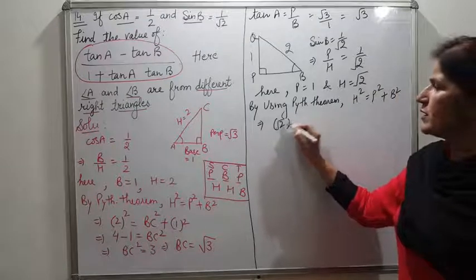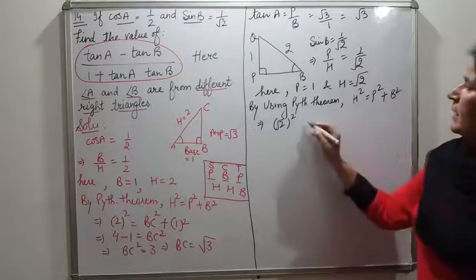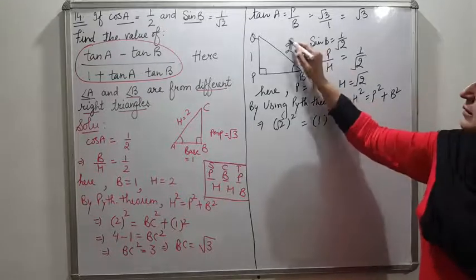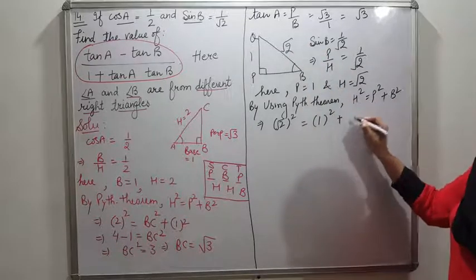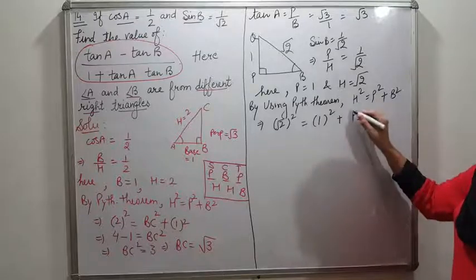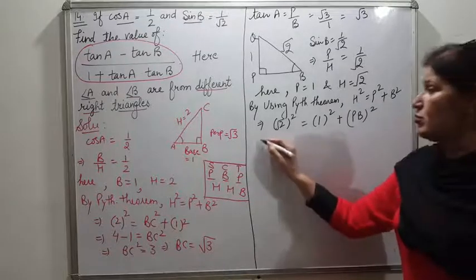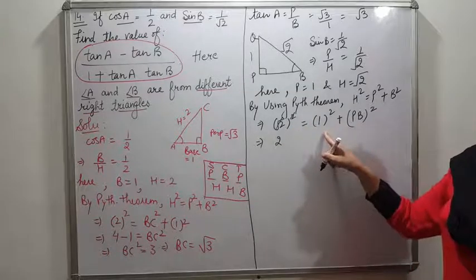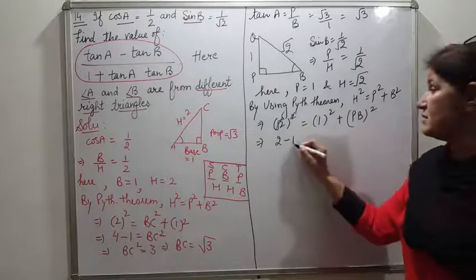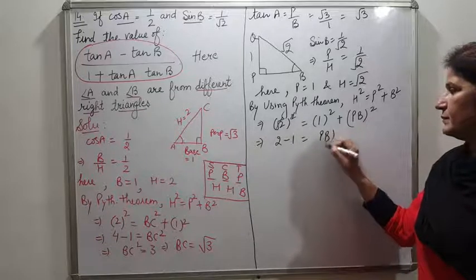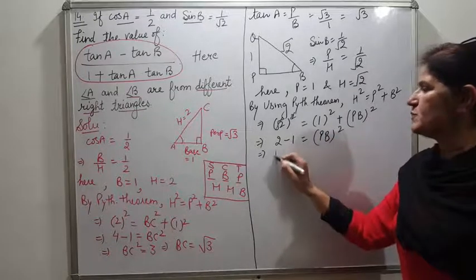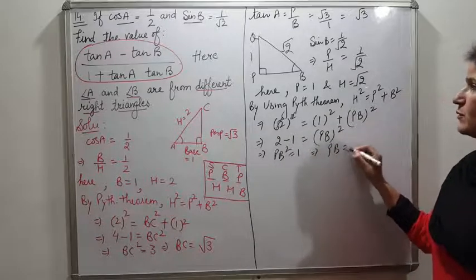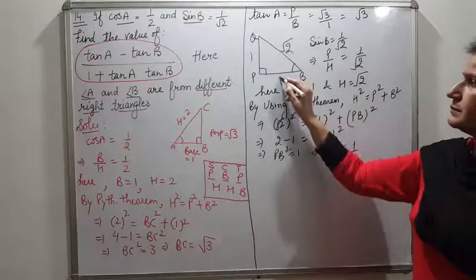So root 2 square equals, perpendicular is 1 and base is PB. You have to find. So here square and square root is cancelled. 2 square of 1 is 1. Here it will come in minus. So PB square equals 1 and PB is 1. That means we get this base is 1.